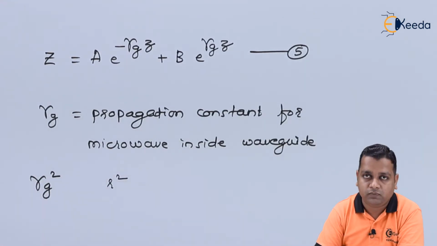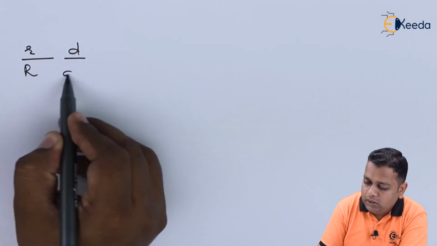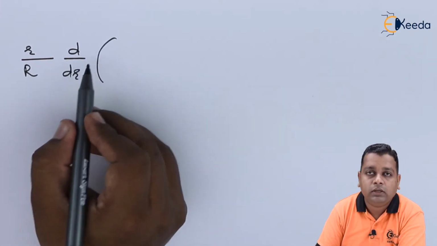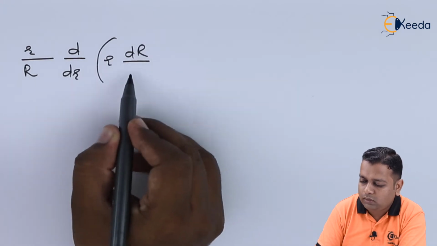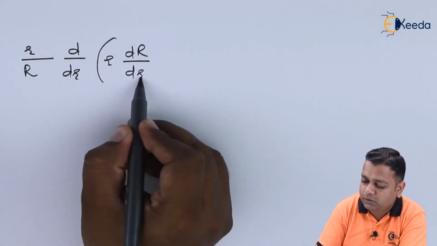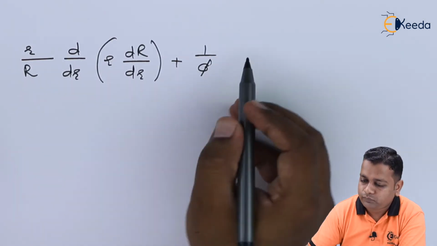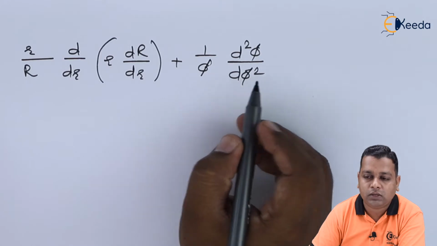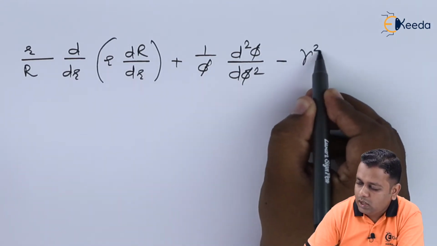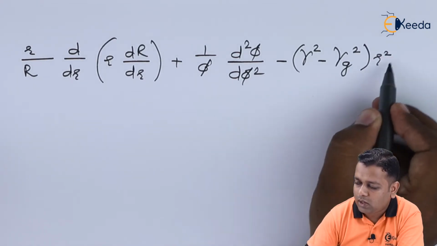So this next equation is given as small r divided by capital R, d/dr in multiplication, operating over small r capital R for the complete differential with respect to small r here, added to 1 upon capital Phi in multiplication to d2 capital Phi divided by d small phi square, minus here we have gamma square minus gamma suffix g square in multiplication to small r square.